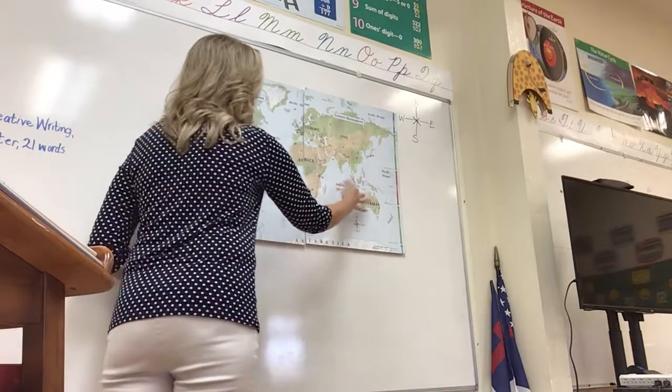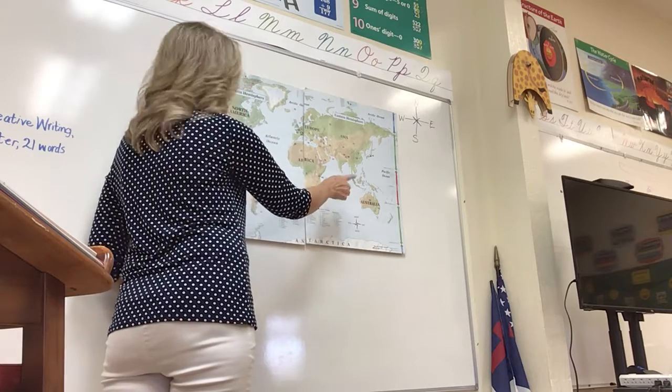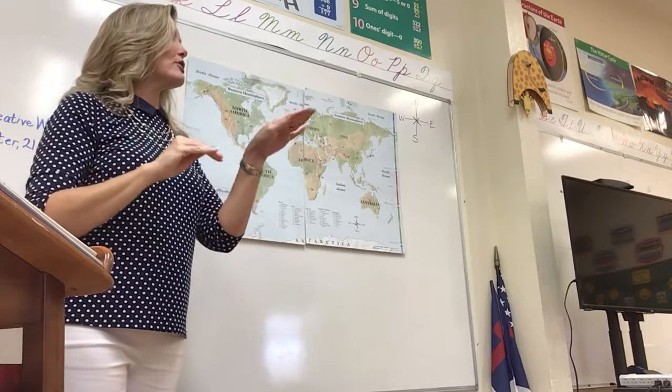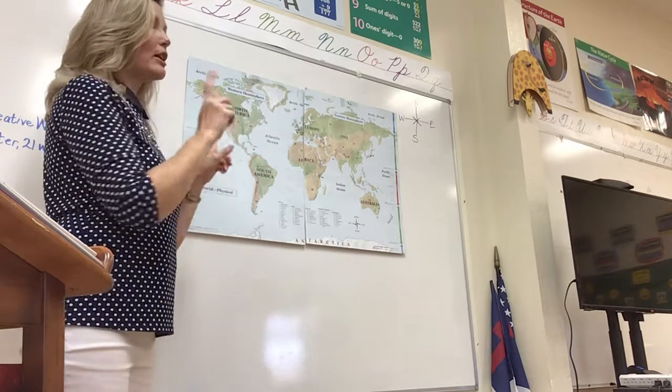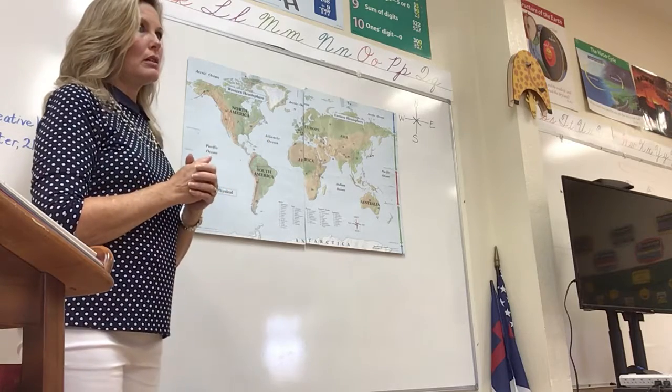In between these three continents is my Indian Ocean. And then the Arctic Ocean is at the top. Those two are kind of easier to remember. Students will mix up the Pacific and Atlantic Oceans before they'll mix up the Indian and Arctic Oceans.